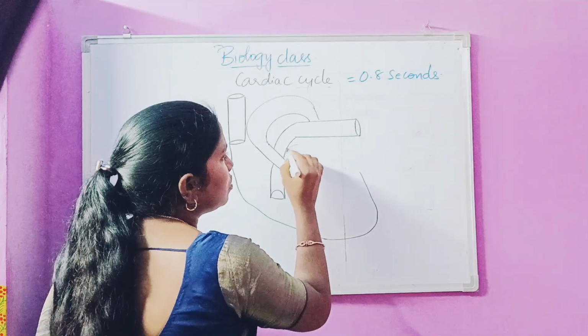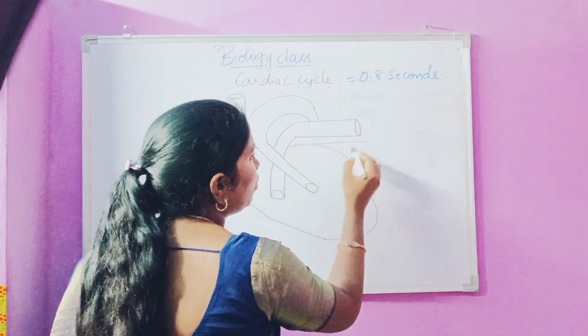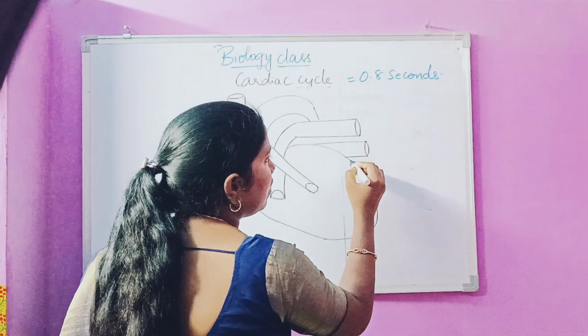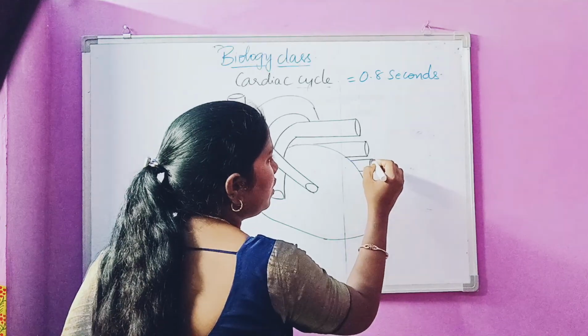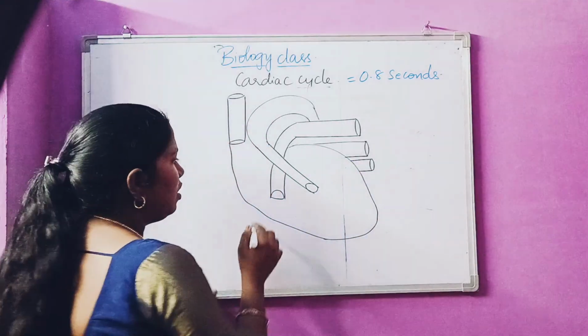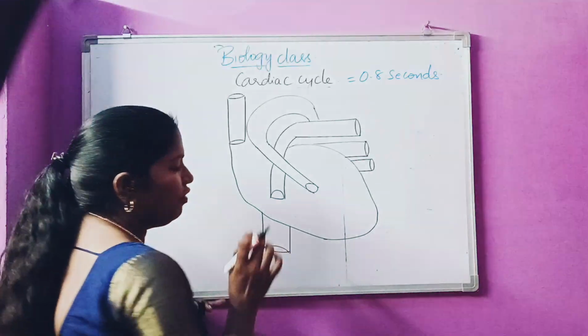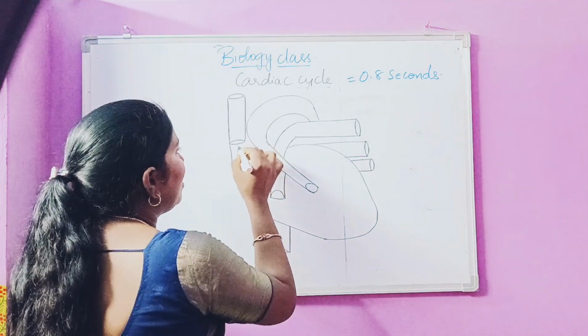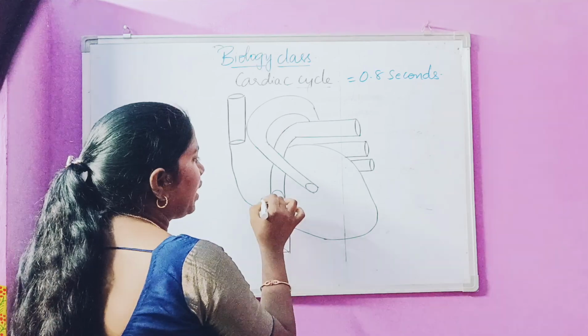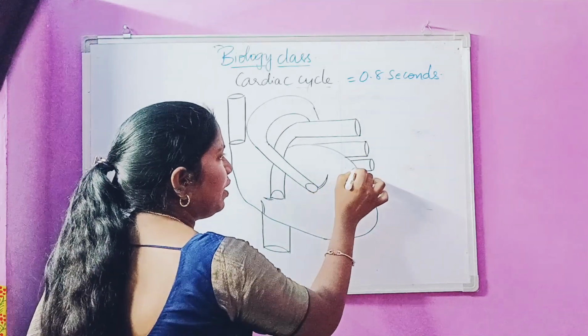Here come the two pulmonary veins. You need to know all the important parts of the heart so that it will be easy to understand. This is the inferior vena cava. And here come the valves, the tricuspid valve and the bicuspid valve.